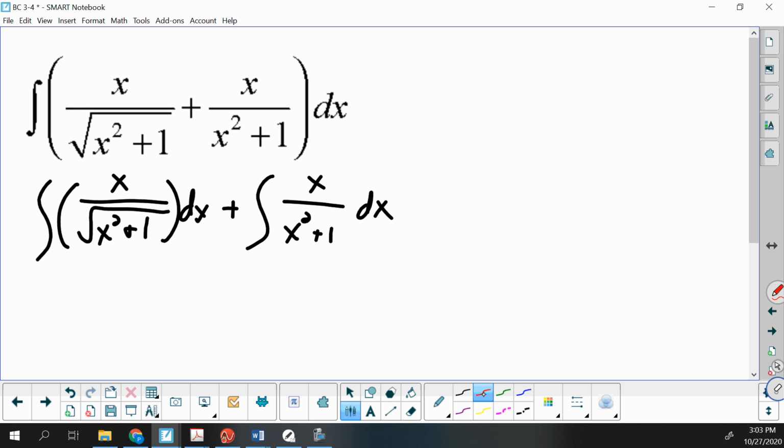So in the left-hand one, we've got a definite inside function. Our inside is x squared plus 1. So let that be u. Du would equal 2x dx. But our leftover here is the x dx. So we've got to correct by a half.